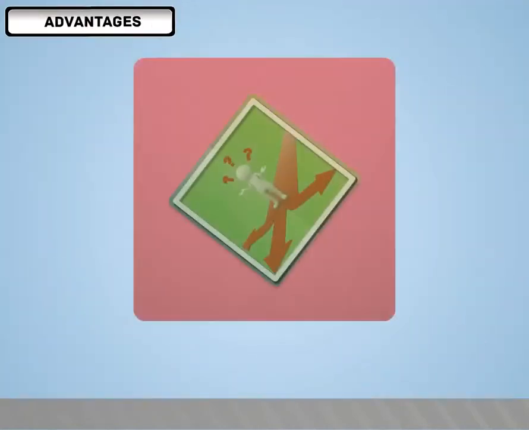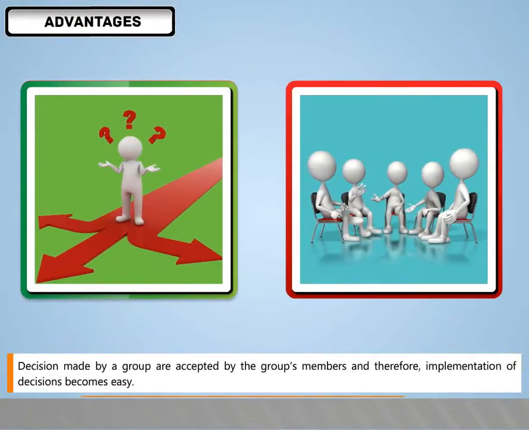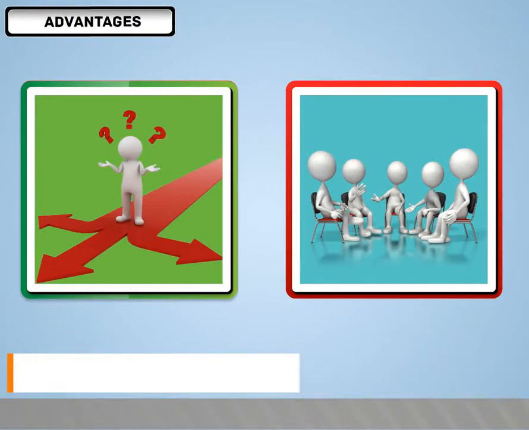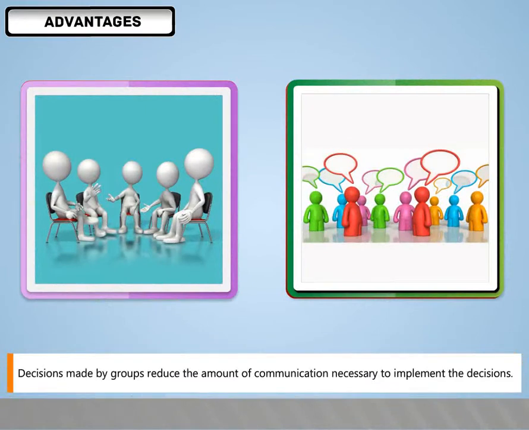Advantages. Decisions made by a group are accepted by the group's members, and therefore implementation of decisions becomes easy. Decisions made by groups reduce the amount of communication necessary to implement the decisions.